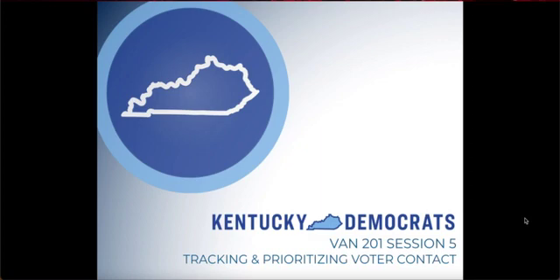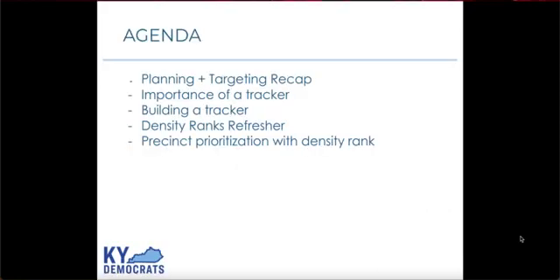This is going to probably be another long one. So with our agenda today, just some of the things we're going to go over is going to be a planning and targeting recap for you, the importance of and what is a tracker, how to build one out, going over our precinct density ranks, again, as well as being able to put everything we're talking about together with the precinct prioritization and the turf tracker together with our density ranks in an Excel sheet.